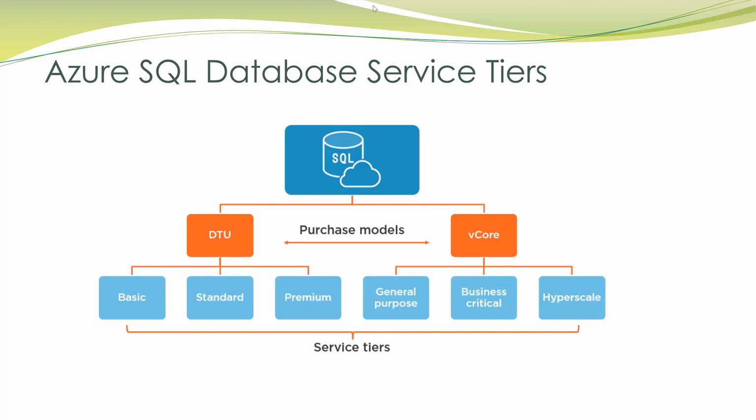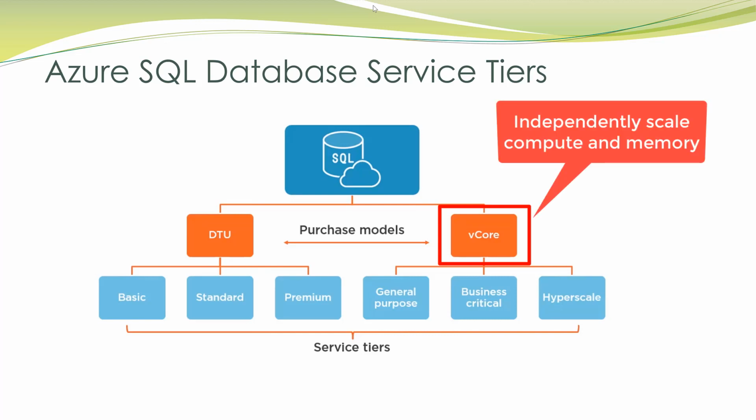The other purchasing model is the VCore based purchasing model, which is newer offering compared to DTU based. This purchasing model gives you the option to choose between generations of hardware, number of CPU cores, memory, and storage size.